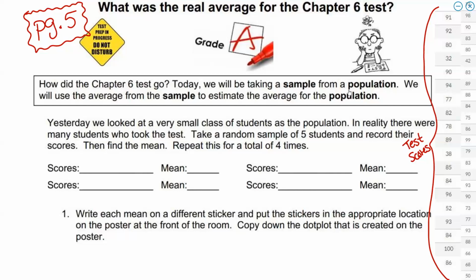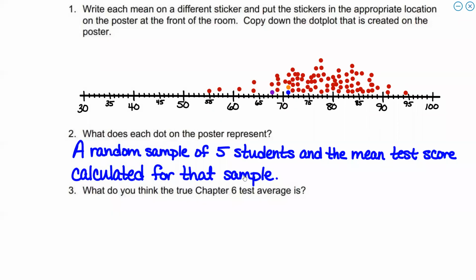Get our dot plot back up here so we can look at it. So just looking at this sampling distribution that we have calculated, I'm going to go ahead and write that up here, sampling distribution. It's good for dots. It's not good for writing.